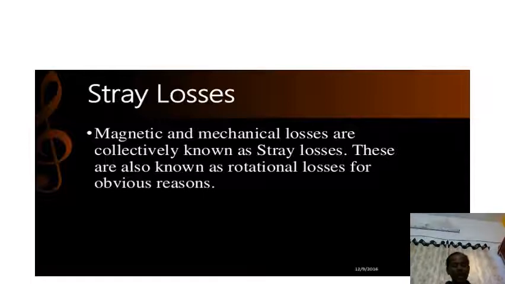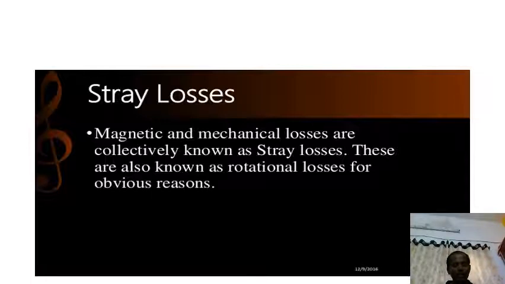These stray losses are magnetic losses. These losses are practically constant for shunt and compound generators, because in this case the field current is approximately constant.